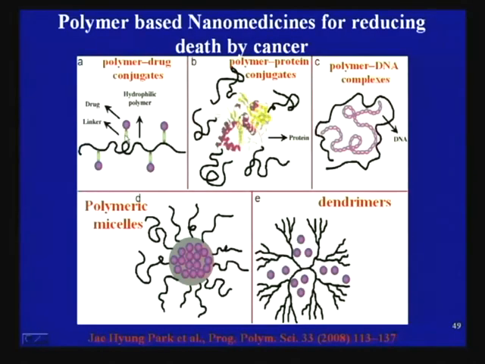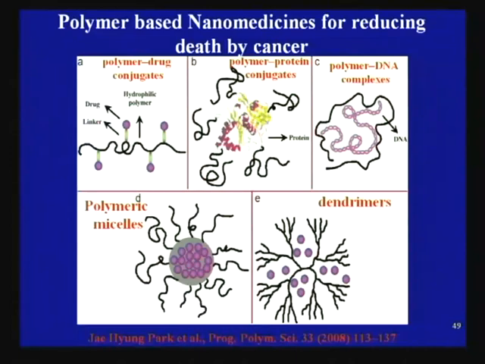This linker will be broken, releasing the drug. In other parts of the body, that linker will remain stable, but in the affected site, this linker will be broken and the drug will be released. So, this is the concept.